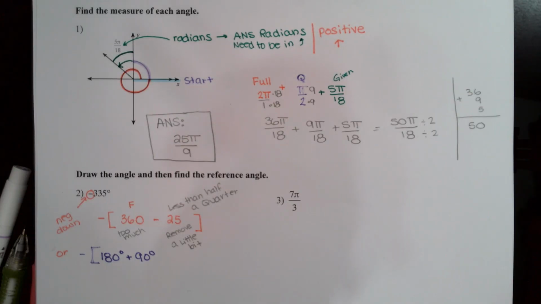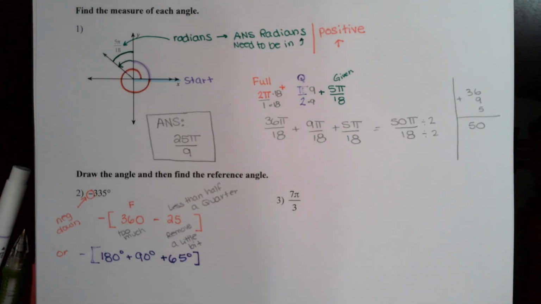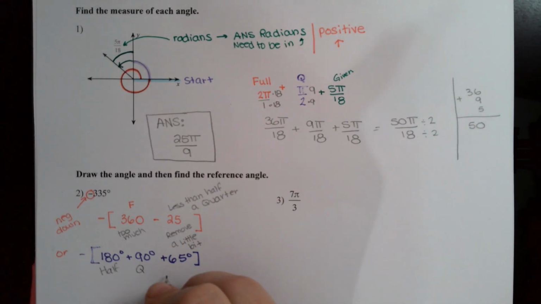And then how much more do we need? Well, we need 65 more. Remember, this is a half a cycle. This is a quarter of a cycle. And this right here is more than half of a quarter.